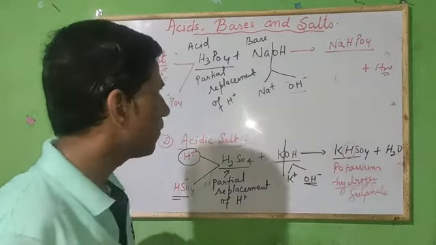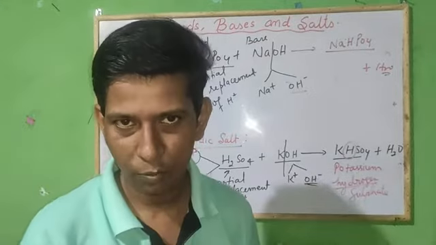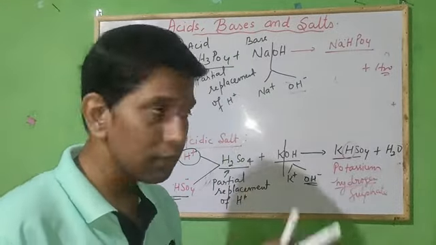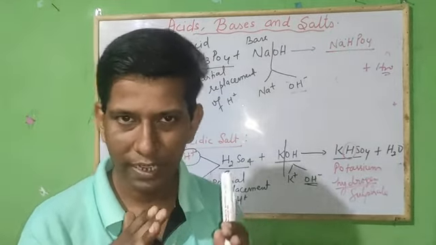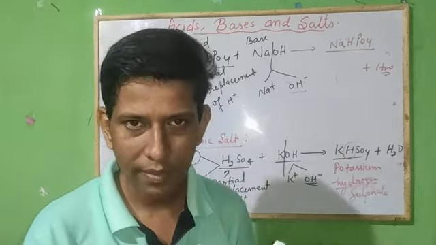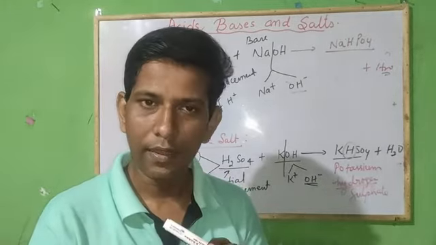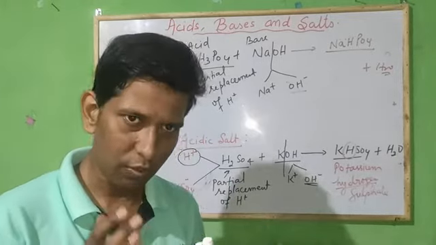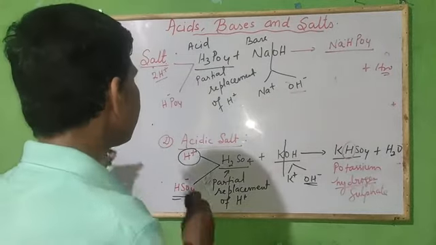So in acidic salt the replacement of hydrogen takes place, but that will be partial. In normal salt, which we discussed first, complete replacement of hydrogen takes place, and that is the reason the salt obtained after mixing neither contains a hydrogen part nor an OH minus part. Clear? That is a normal salt. So this is all about acidic salt.